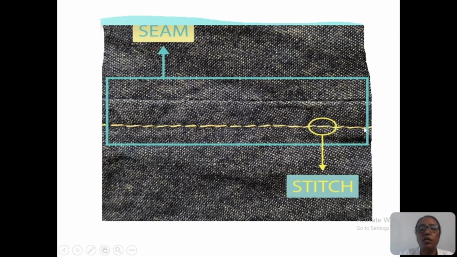The total continuous line is the seam. So the difference between the two is that the seam is the line, or a group of stitches, while a stitch is a single unit of the stitch.